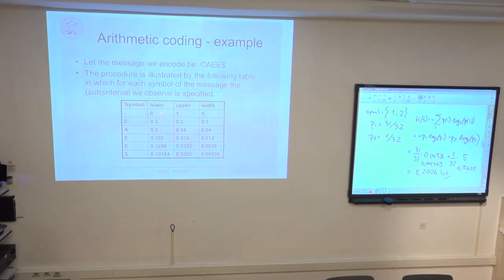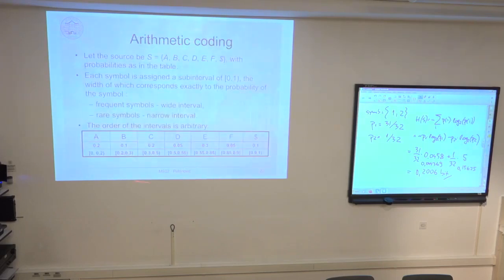So we initialize, in step 0, the lower bound as 0, the upper bound as 1, and the width as 1. But now we know that we have to encode the first letter C. In order to select a number to represent letter C, I have to select a number in the range from 0.3 to 0.5, because it is the range corresponding to symbol C. So any number from 0.3 to 0.5.